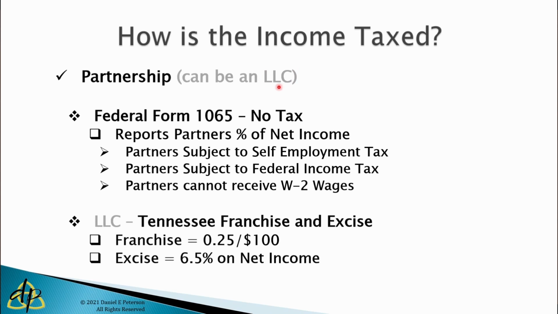A partnership operating as a limited partnership or as a limited liability company in Tennessee will be responsible for also filing a Tennessee franchise and excise tax, where they report the franchise and pay franchise tax at a rate of 25 cents per hundred. And if they have income other than self-employment earnings, they'll pay an excise tax at 6.5% of the net income.